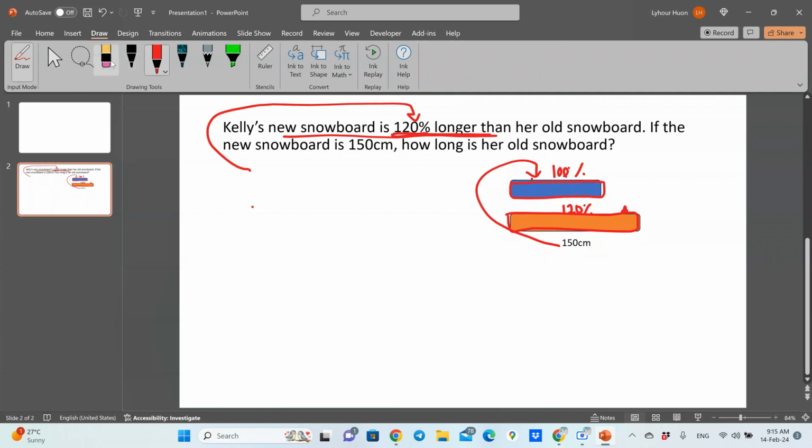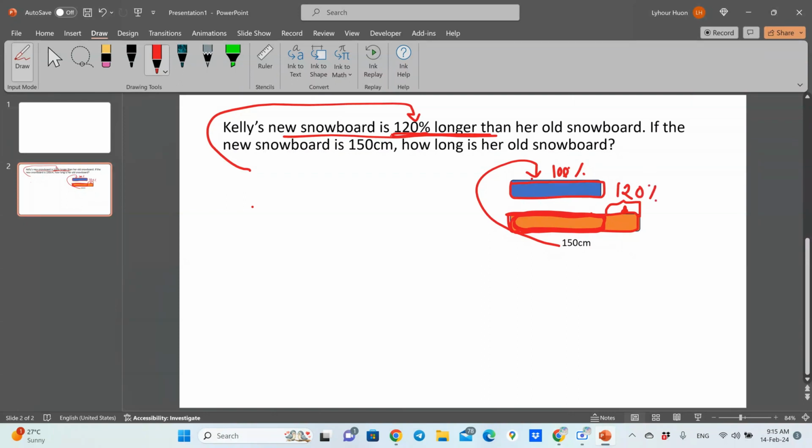Let me quickly draw this. For example, this is 100% of the old one. The old one should be like this. So it's longer, and this longer amount will be another 120%. Right?